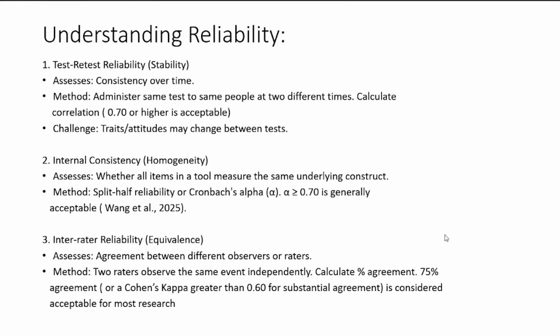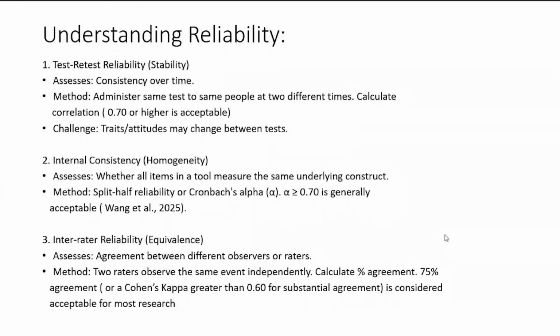So inter-rater is between observers or between raters. So the method is maybe like 75% agreement is acceptable. And most times we calculate Cohen's kappa value, which is acceptable when you have a value of 0.60. These values are statistically calculated because this instrument will be rated.